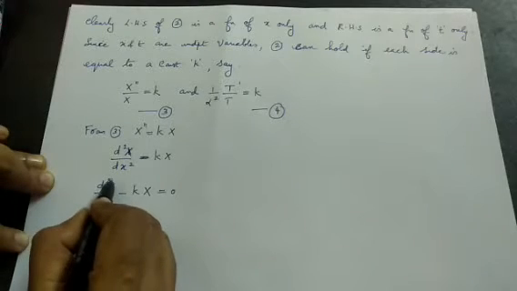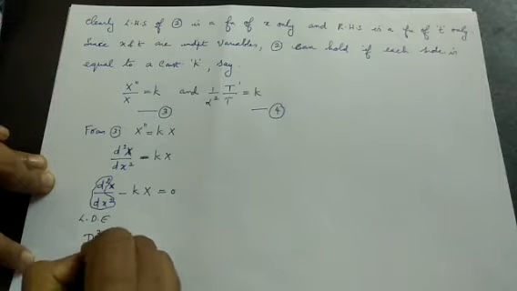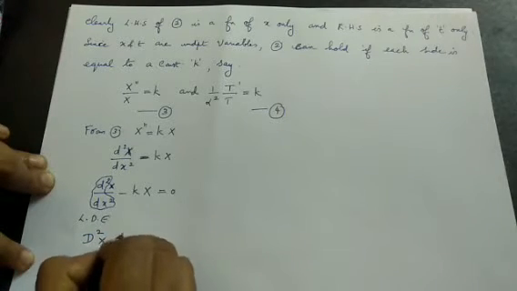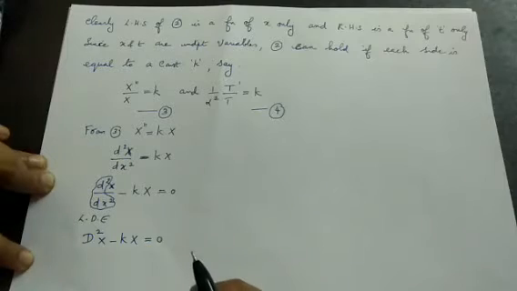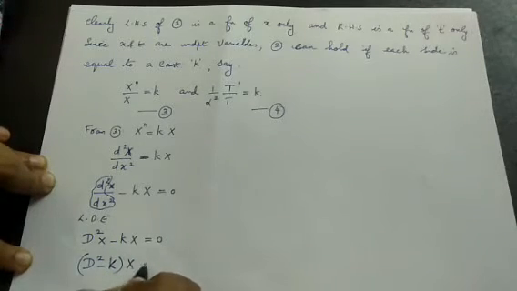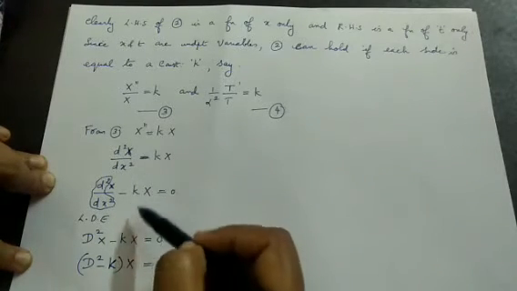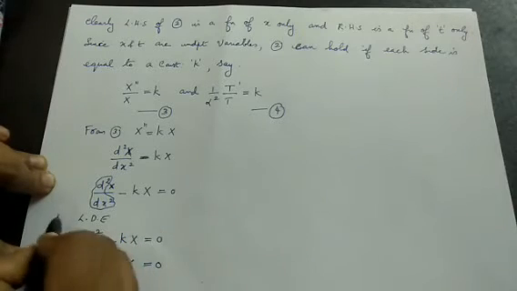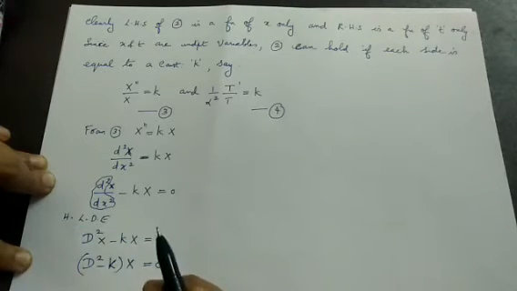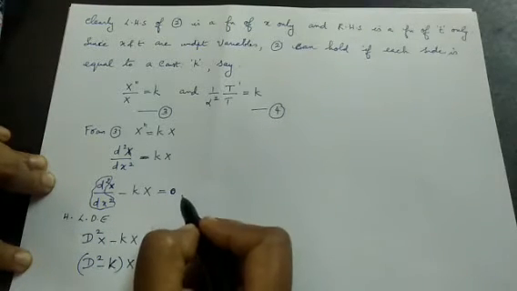We can represent d²/dx² as capital D², therefore (D² minus k) X is equal to 0. It is a homogeneous linear differential equation because the right hand side is 0.